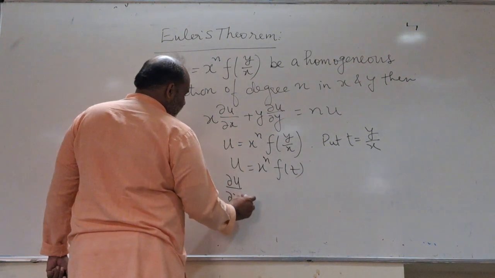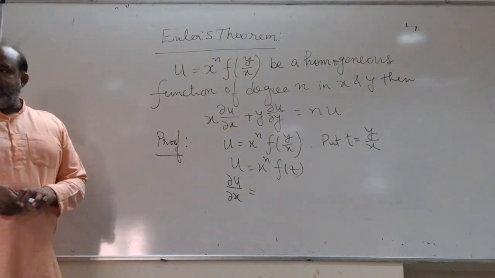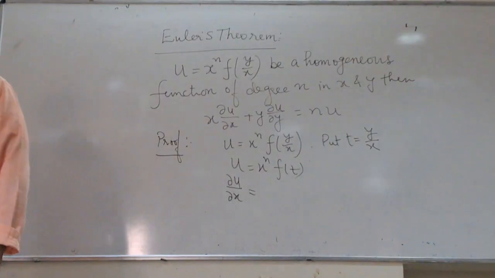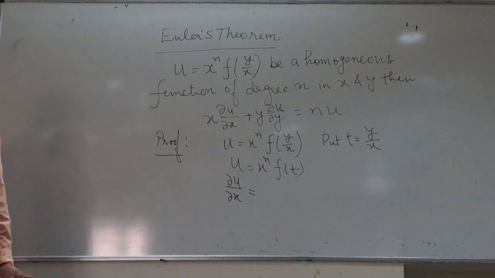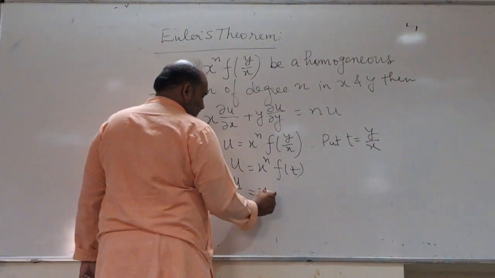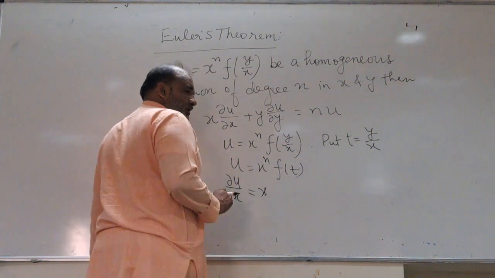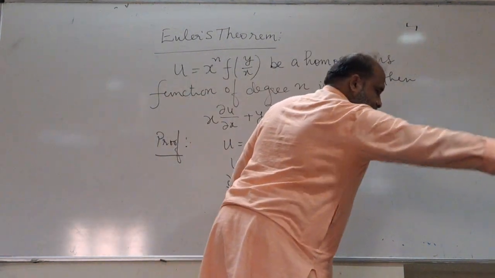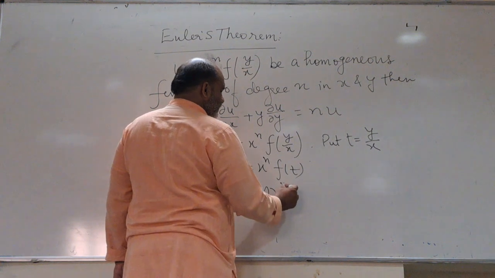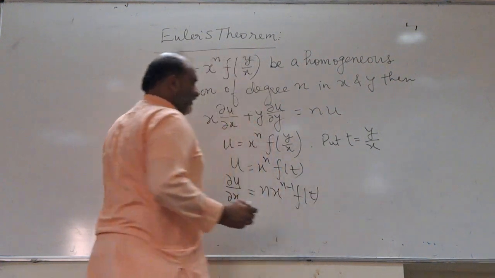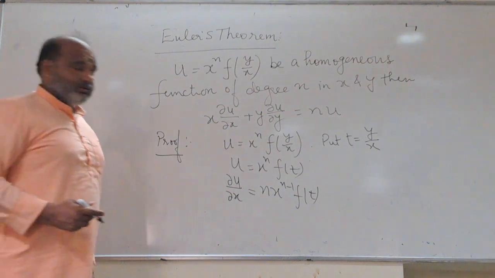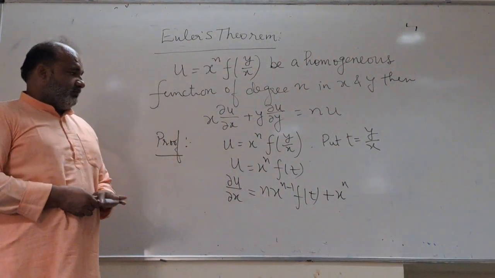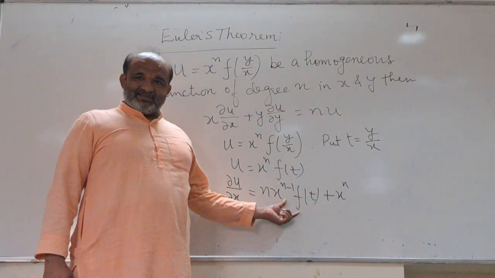What will be ∂u/∂x? Product rule. The partial derivative of x^n will be n x^(n-1), and the function f(t) as it is, plus, because the product rule is there, plus x^n times the derivative of f(t) with respect to x.